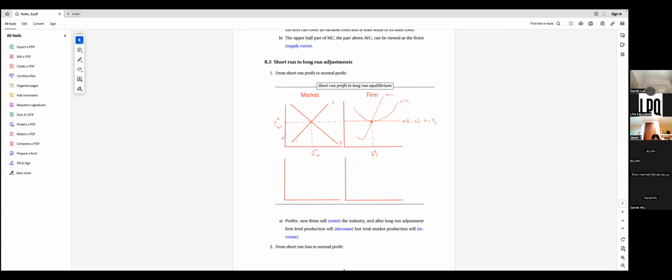Okay, 3 years ago, something called COVID-19 happened. So at the beginning of COVID-19, suddenly everybody needs to buy a lot of face masks.